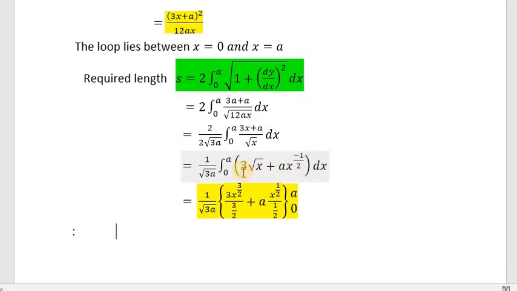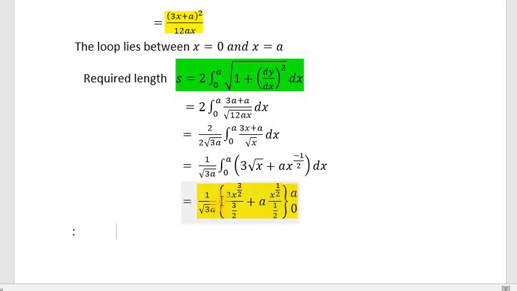So 3 as it is we have taken, x root x integral is x to the power of 3 by 2 by 3 by 2, plus a constant taken as it is, x to the power of minus half integral is x to the power of half by half, limits 0 to a.